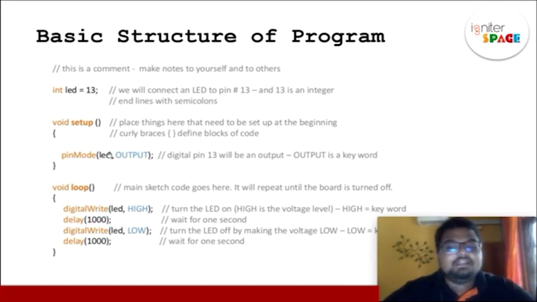We call it camel notation if you don't know about it. And we finish every line with a semicolon, so that the program knows it has come to the end of a particular command. Then we go to the void loop, which I said will repeat on and on until the board is turned off. So first I said digitalWrite. So we are outputting a signal.